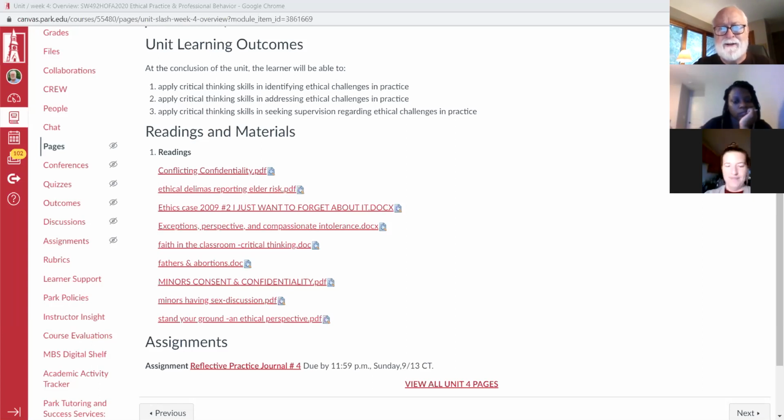Identifying vulnerabilities isn't to keep us from practicing legally. It is to help us respond better. So identify vulnerabilities. And then the final piece here is consulting with supervisors, colleagues, and mentors.